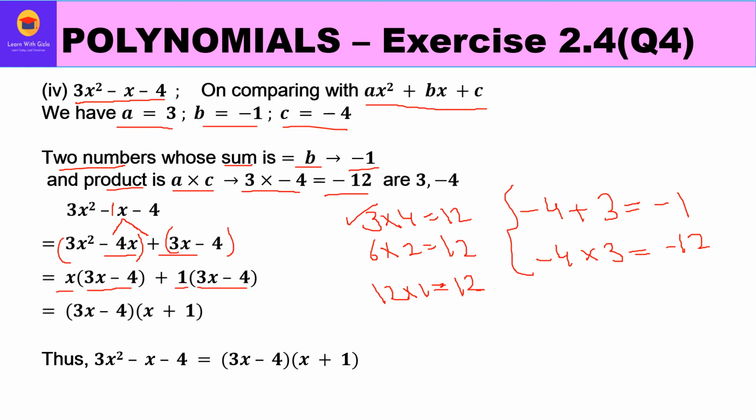Now 3x minus 4 is common outside. From here we are left with x, and here we are left with plus 1. So x plus 1 is another factor. So in total we have two factors because the degree was 2. It's a quadratic polynomial, so we will have two factors, 3x minus 4 and x plus 1, right?